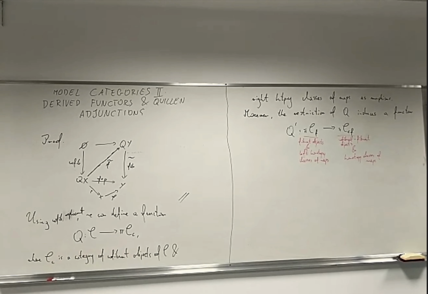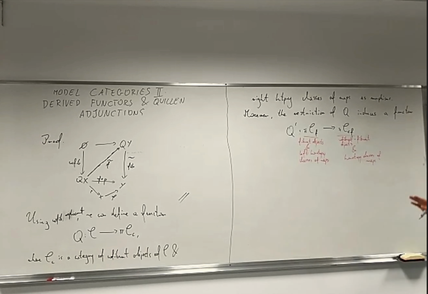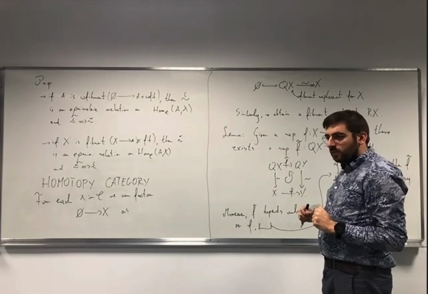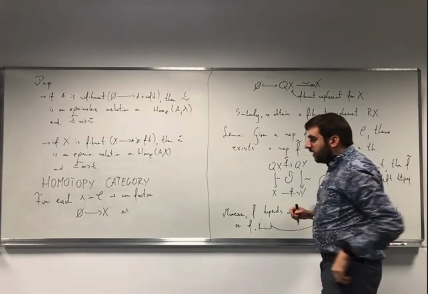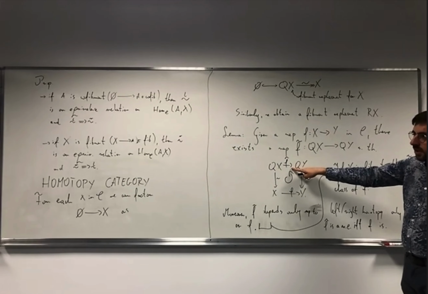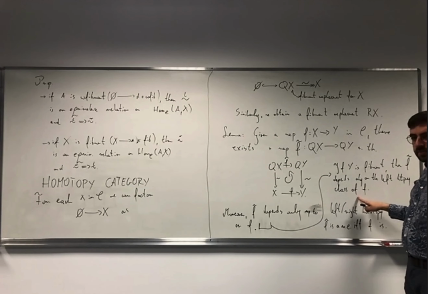Okay, and for saying that we have such a functor from the fibrant objects and left homotopy classes of maps to cofibrant fibrant objects, I needed once again this lemma. So I'm taking a fibrant object, I'm sending it to its cofibrant replacement, so I'm getting something cofibrant fibrant, and because of this lemma, this f twiddle depends only on the left homotopy class of the map which I'm sending.